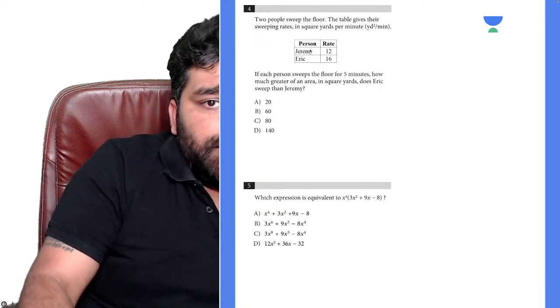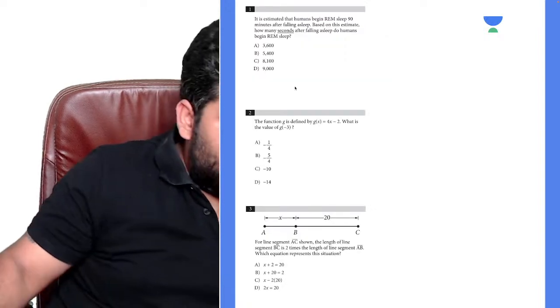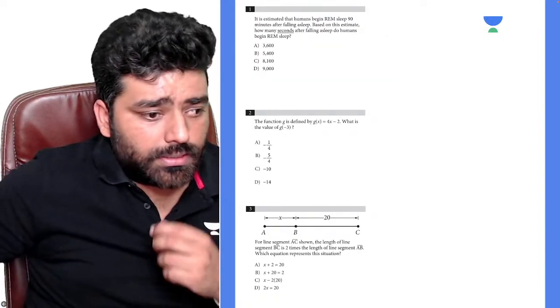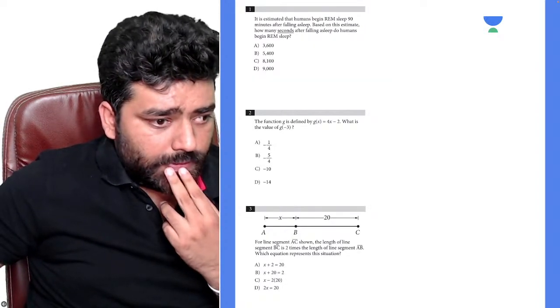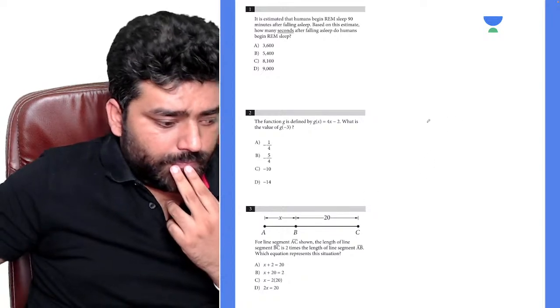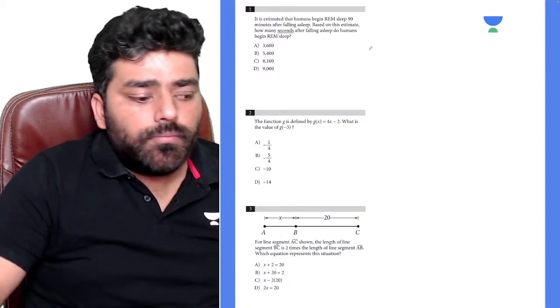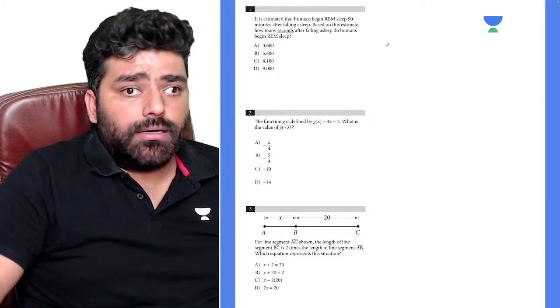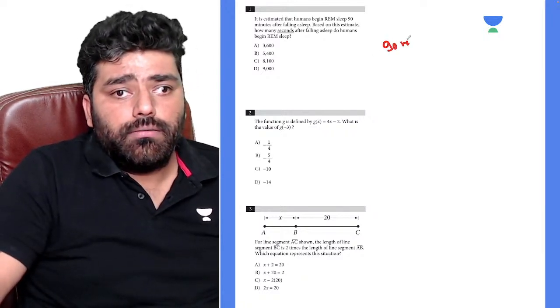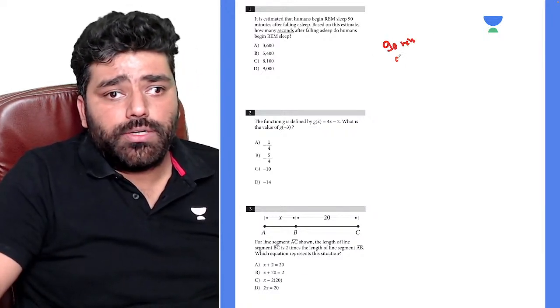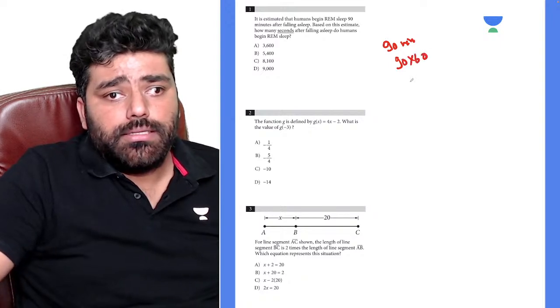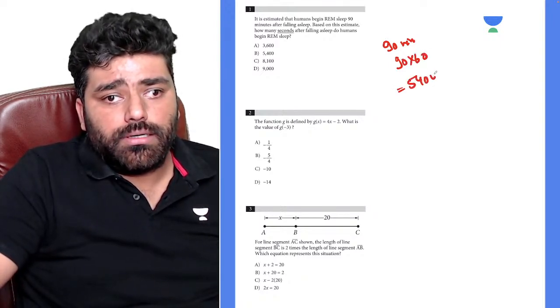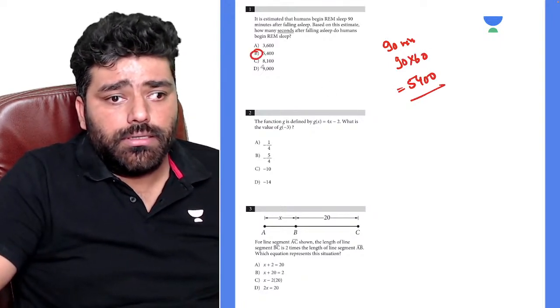So 90 minutes, when you convert into seconds, what will that be? 90 multiplied by 60, that is 5400, right? So B is the answer there.